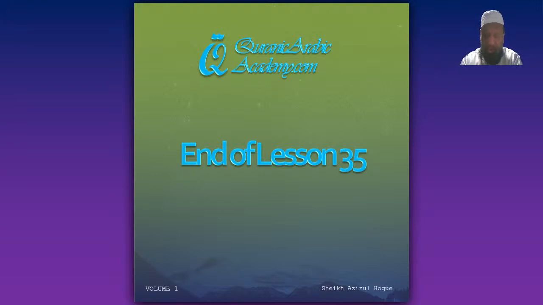So I hope you understood the conjugation of these three verbs, especially when it takes changes in فعل مضارع, especially when it is the فعل مضارع منصوب or فعل مضارع مجزوم, where the changes take place. I hope you understood. If not, go through this lesson again and inshallah you will understand. So this is the end of lesson 35. Inshallah we'll see you in the next lesson.